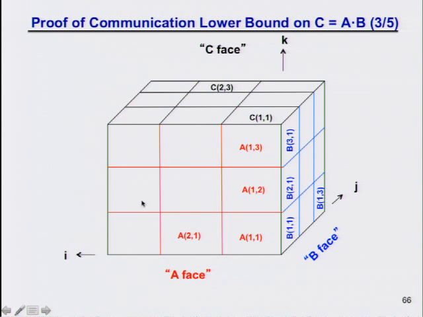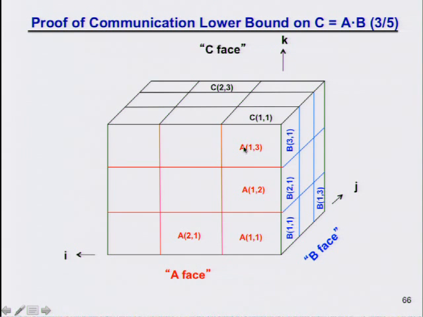So this cube is a bunch of mesh points. Each is indexed by i, j, and k. Each one represents one inner loop iteration. And the faces of the cube represent the data that they need. So to do this particular multiply, A13 times B31 gets added to C11.